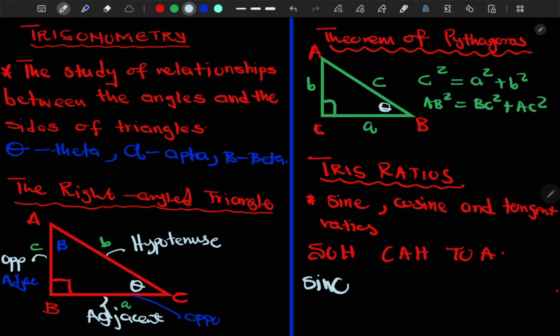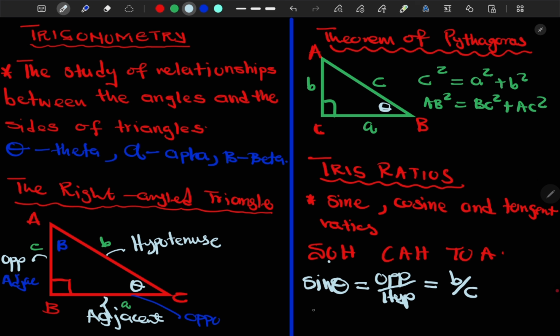It means sine theta equals O, meaning opposite, over hypotenuse. And then from the right-angled triangle above, the green one, what is our opposite side? Opposite to theta, it will be b in that context, and then the hypotenuse will be c.